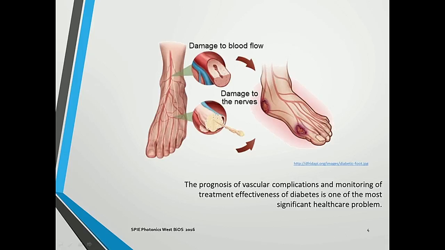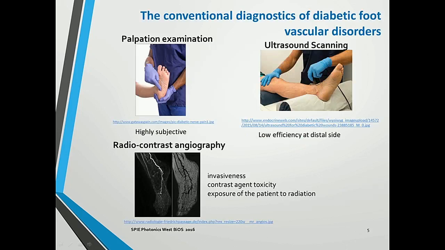The next slides I would like to show are what's in the world, the so-called gold standard that medics have to test. The most primitive and subjective is palpation examination, so they check pulses in the main arteries of the foot on the proximal or the distal side.